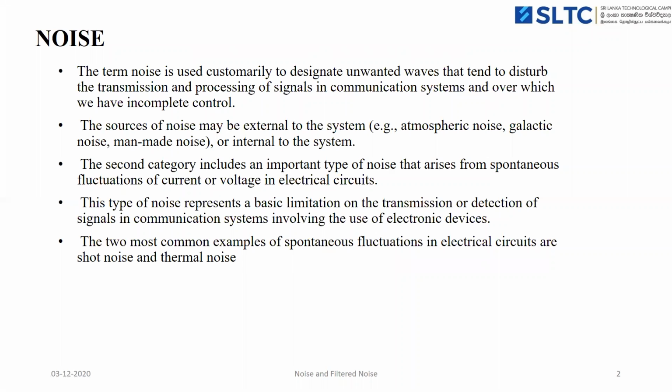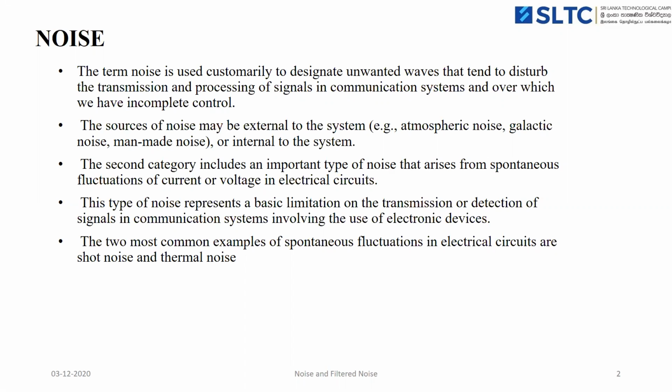Coming to the second category, noise coming from inside the system. This kind of noise arises from the spontaneous fluctuation of the current or voltages in electrical circuits. This noise makes the basic limitation on the transmission or detection of signals in communication systems.